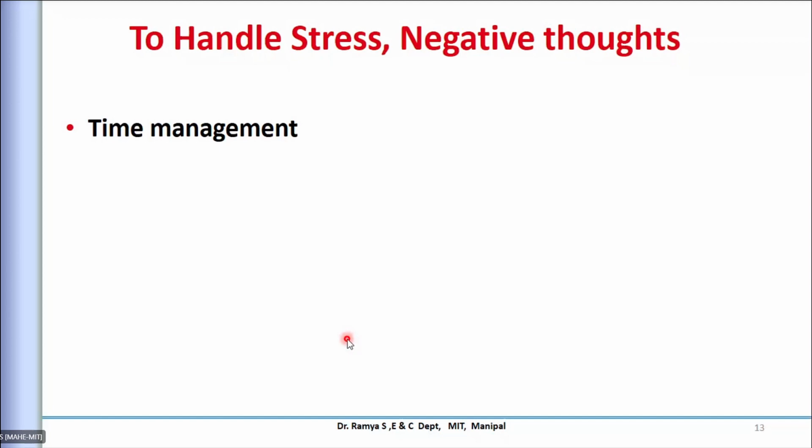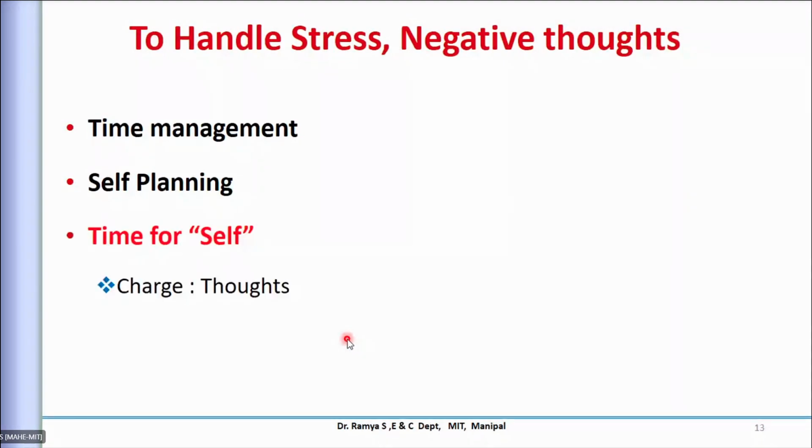Because of that, the brain is not able to take that stress, and it will generate a thought process which is going to be negative. It is not going to be healthy. It can be overcome by self planning, planning ahead, and by just giving some time for yourself.